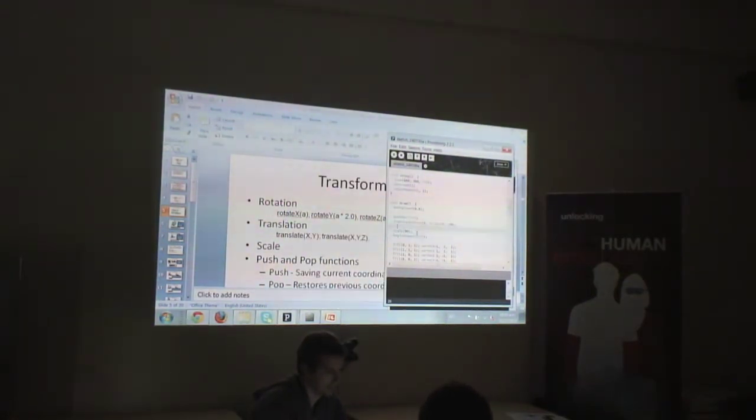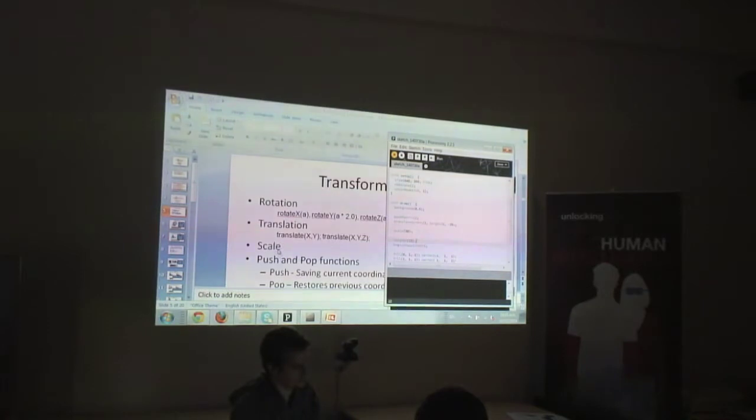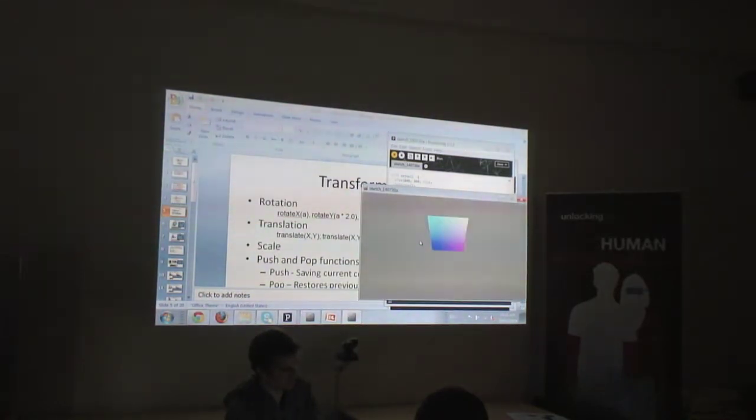Within Processing we can rotate things simply by using rotate and then the direction we want to rotate in. So rotateX by 15 has rotated through the x-axis. By default, the x-axis runs from the left-hand side of the screen to the right-hand side of the screen, unless you have rotated the world coordinate system.